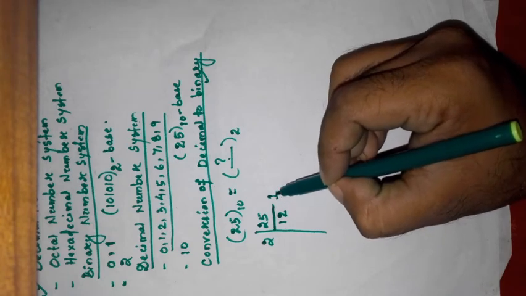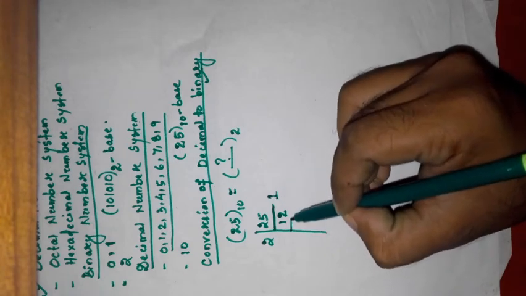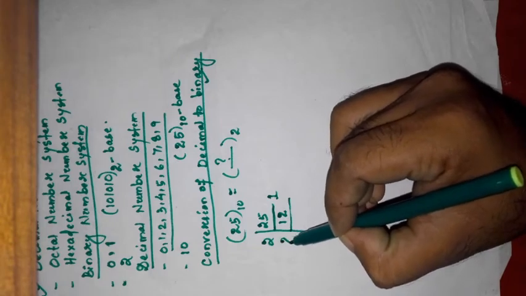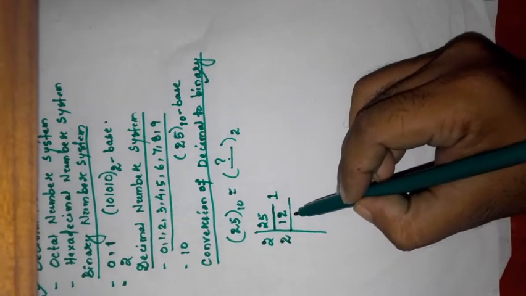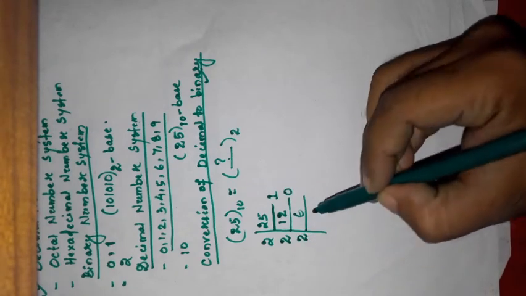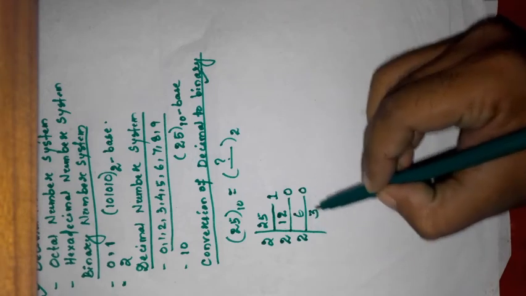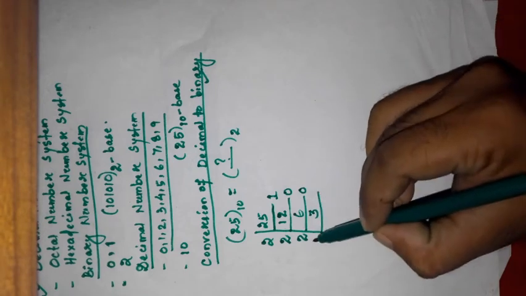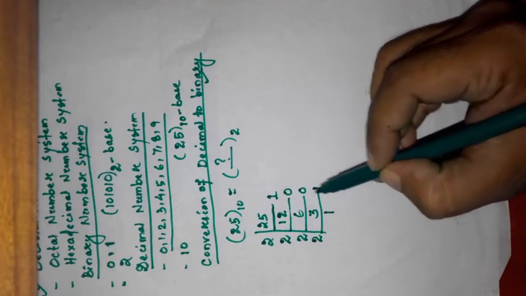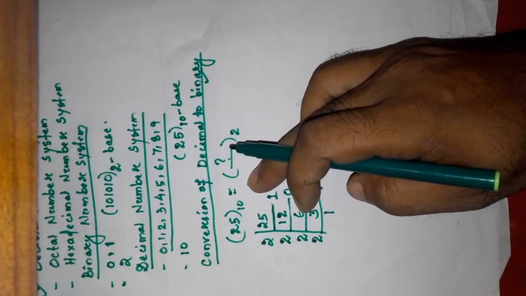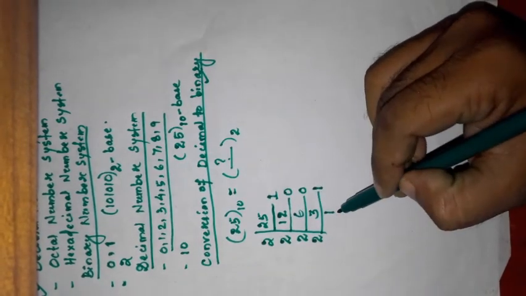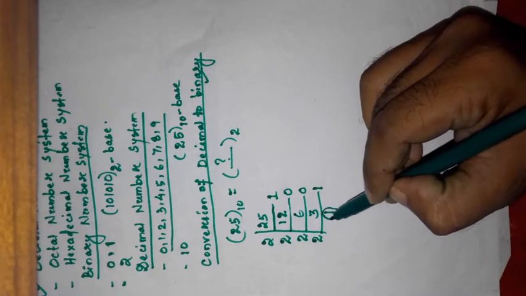Then again divide by 2. 2 6s are 12, the remainder is 0. Then again 2 3s are 6, remainder is 0. Then again divide by 2, 2 1s are 2, remainder is 1.